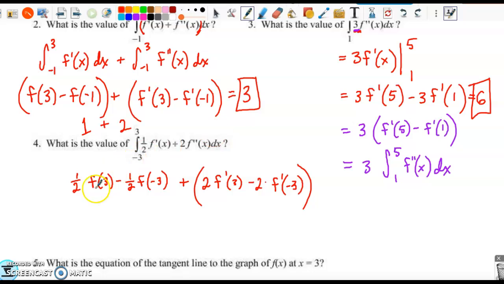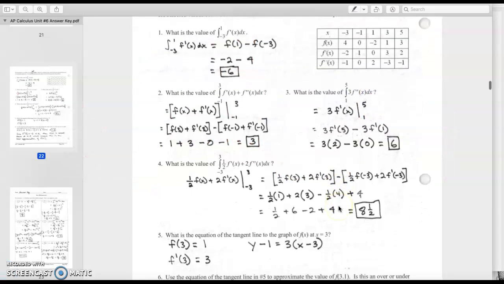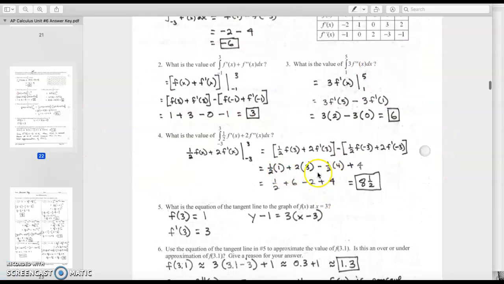So look in the table and find f of 3, find f of negative 3, find f prime of 3, find f prime of negative 3, and yeah, you should get 1, 3, 4, and 4. And because of these 1/2s in here, oh, and he did one more thing where he split it into 2.